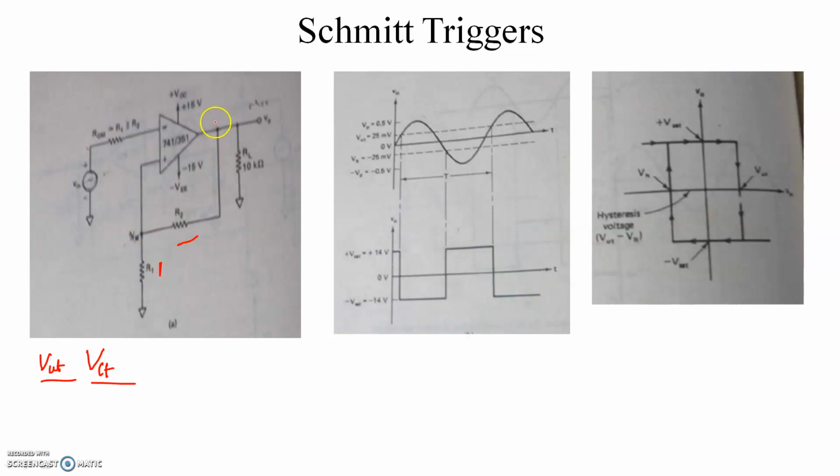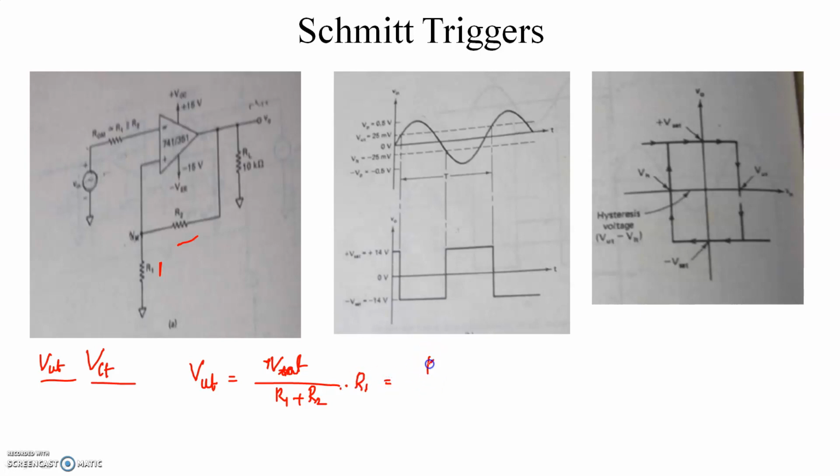When the output VO is at plus V saturation, the upper threshold voltage is positive, and VUT is equal to the voltage across resistor R1, which is the current times R1. The current flowing through the circuit is plus Vsat divided by the total resistance R1 plus R2, multiplied by R1.